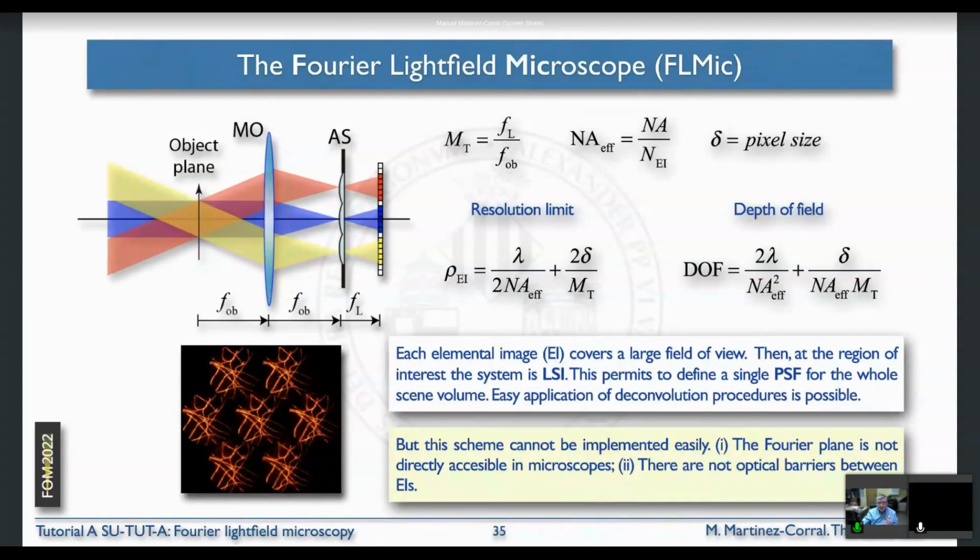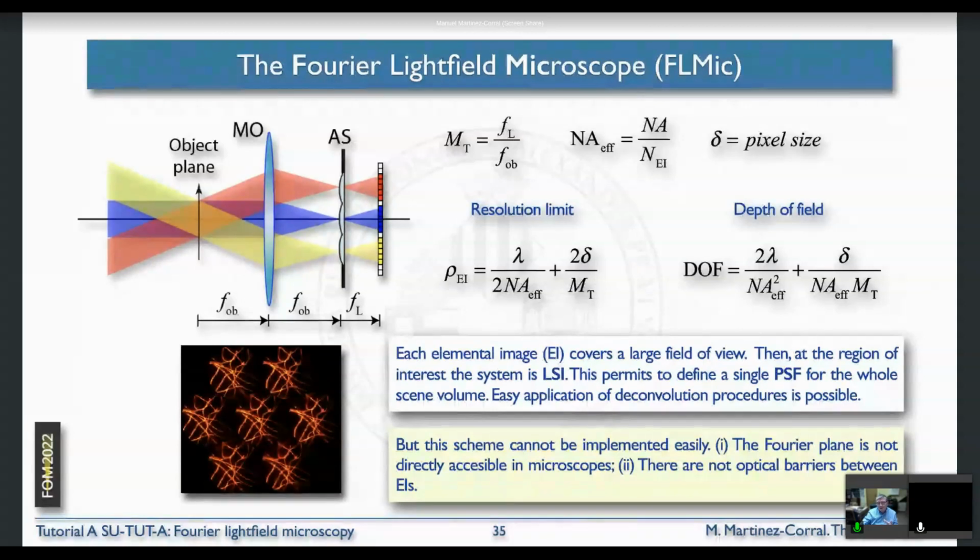First, because in this scheme there is nothing that prevents the overlapping between elemental images. We would need some field stop somewhere. So there are no optical barriers between elemental images. And second, in many microscopes, the Fourier plane is not easily accessible.